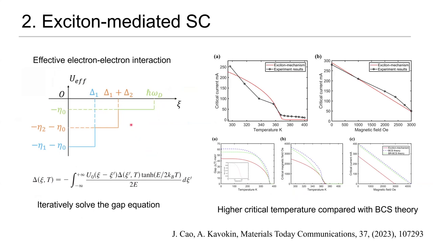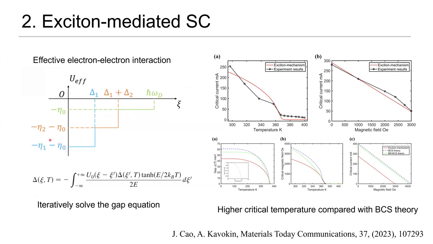interaction. So this is different from the BCS theory. You see here is the background. This background is provided by the phonon, where the truncation energy is the Debye energy. But for the interband transition and the intraband transition, we have a different cutoff energy.